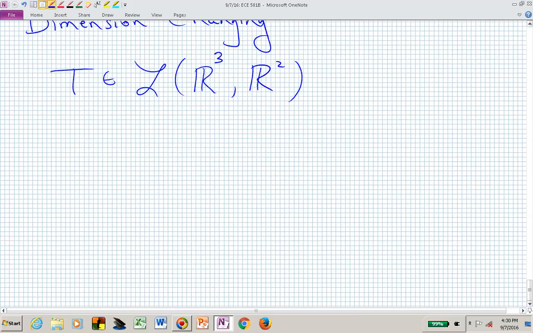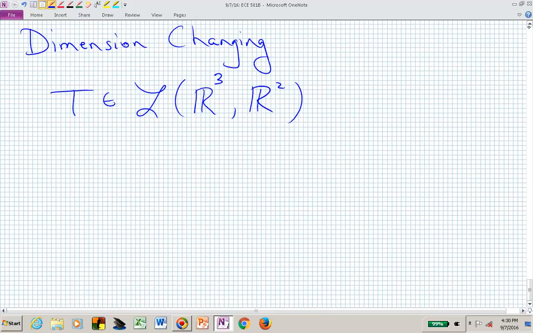And we haven't gotten there yet, but if we talked about the matrix representation of this, now we would be looking at a matrix that has 3 columns to be compatible with R3, and it has how many rows? To be compatible with R2, we now are looking at matrices that are 2 by 3, if we wanted to find a matrix representation of this linear map.